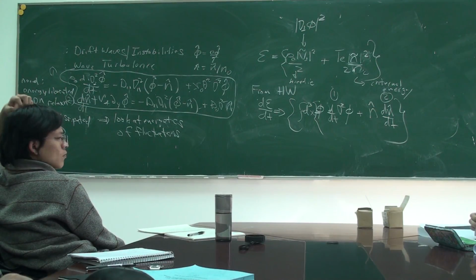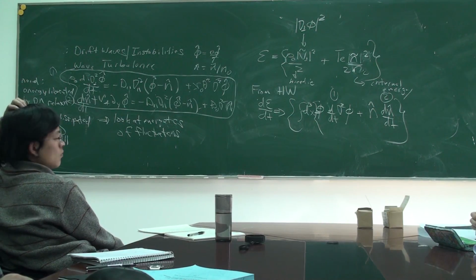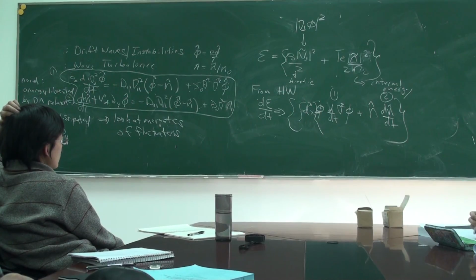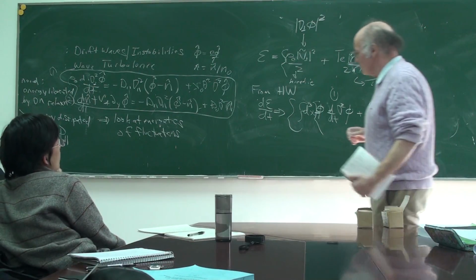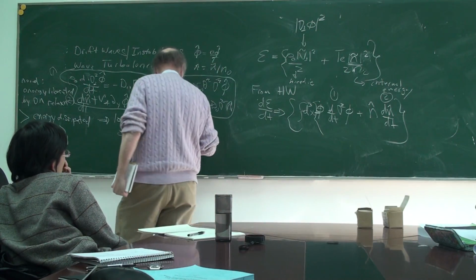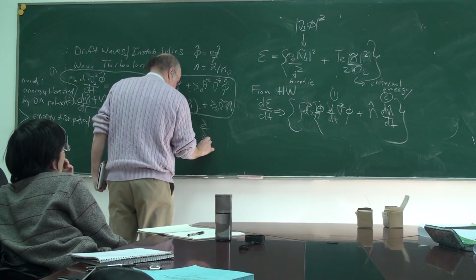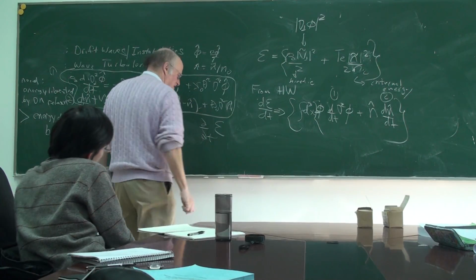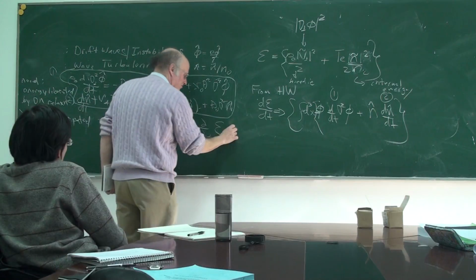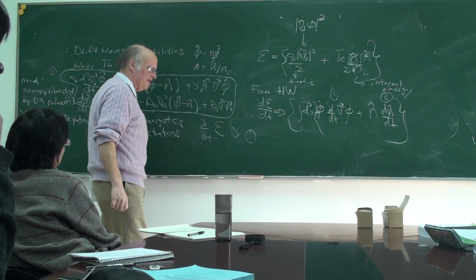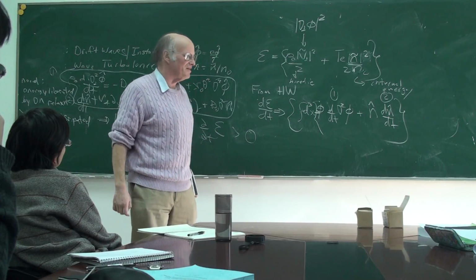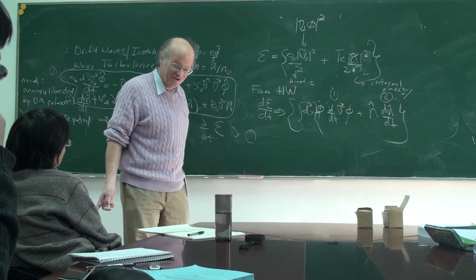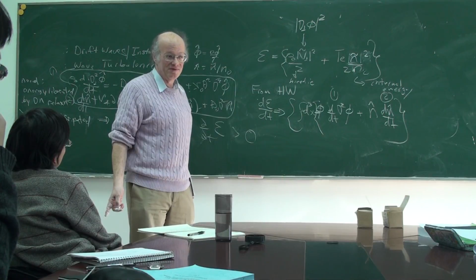When you say instability, you mean the total energy grows? Yes, in other words, what I'm trying to do is calculate d by dt of the fluctuation energy, and I want to show that this is positive. I want to show there's a certain inequality, and there's a competition between terms that has to be positive.